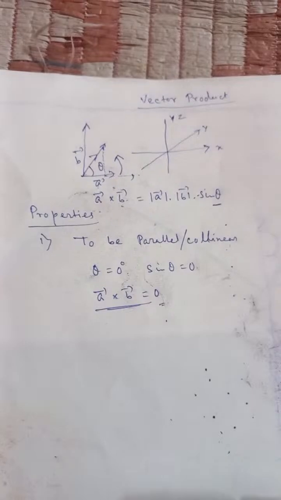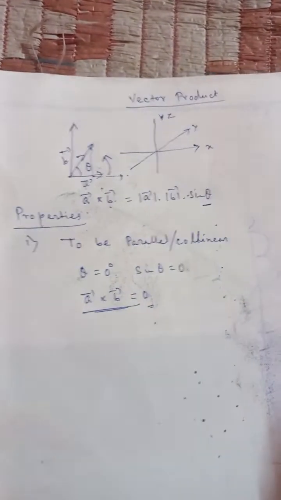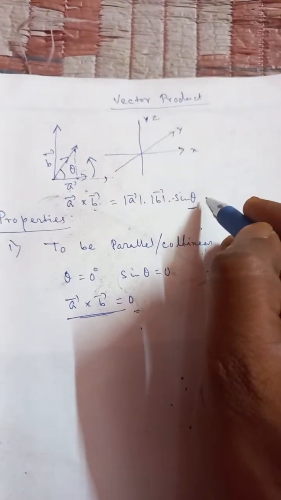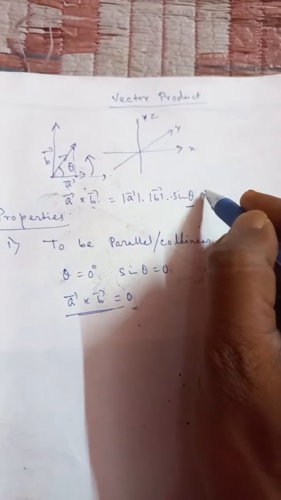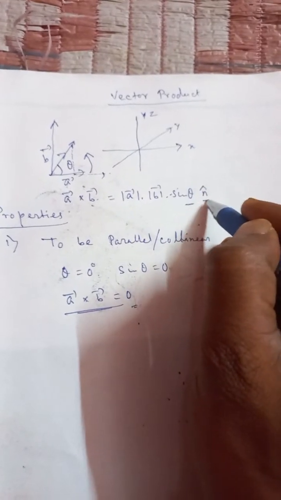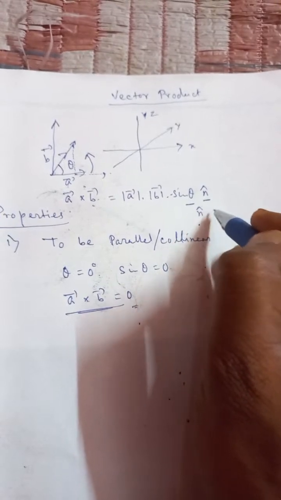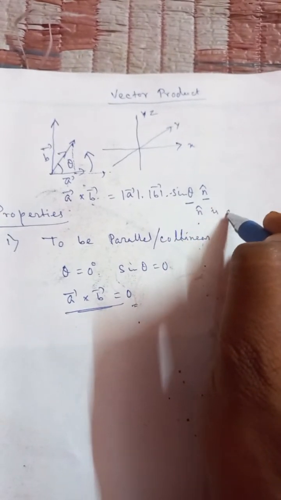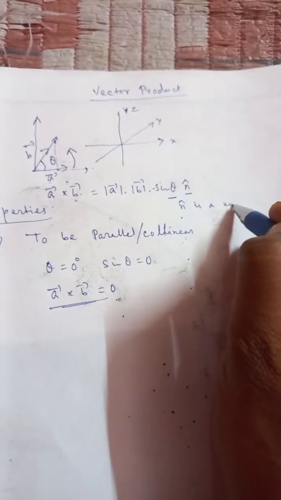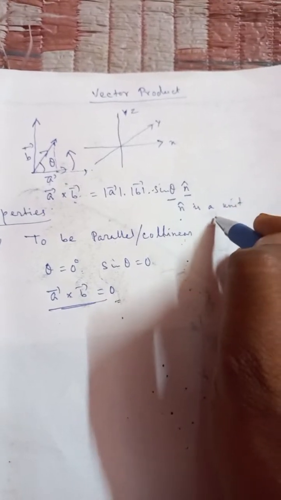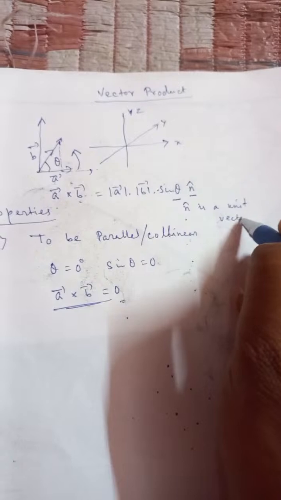Here I have also introduced a unit vector. N cap is a unit vector. In a cross product there must be a direction.